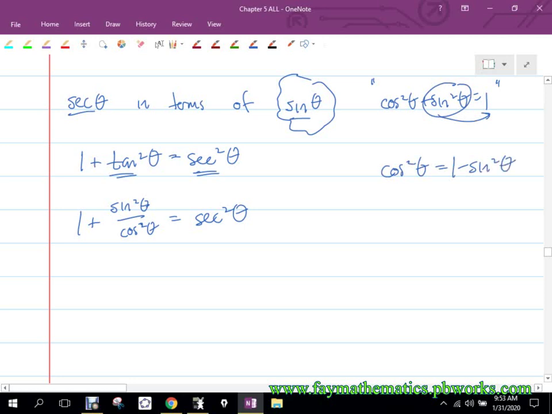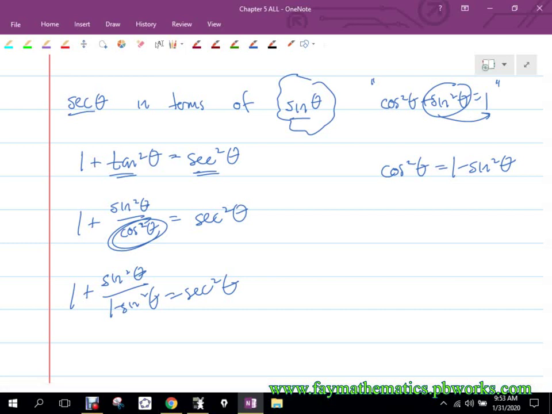Does that make sense? Now can I come down here and replace that with 1 minus sine squared? Does that make sense to everybody? Okay. Now you square root, but something about how far we need to simplify: if you are left with multiple fractions over here, you're probably going to want to find LCDs and combine them.